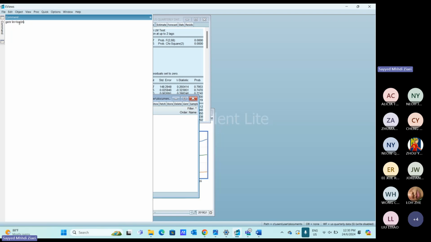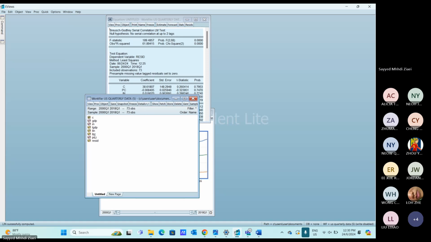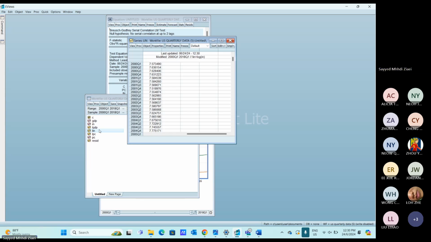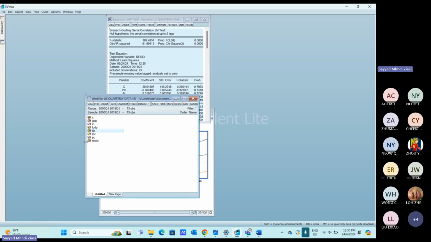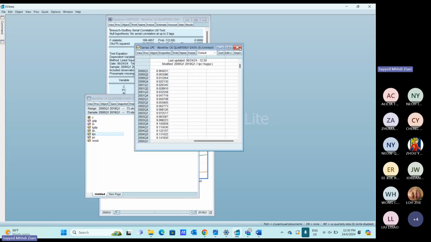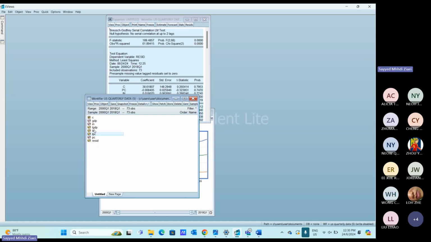LIN means log of IN, and then enter. So now we have LIN, LPC, and then LGDP.